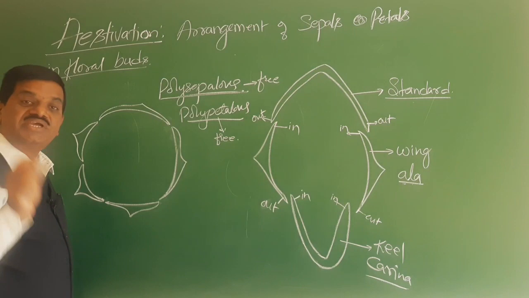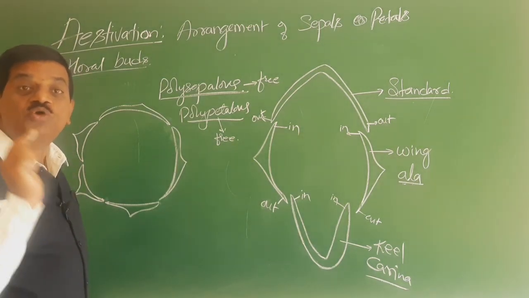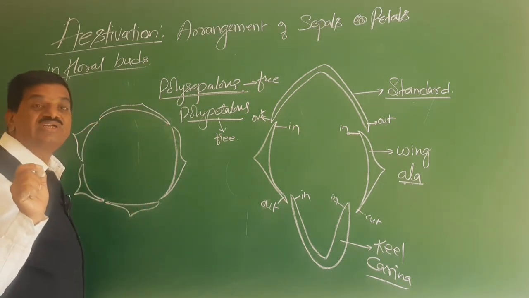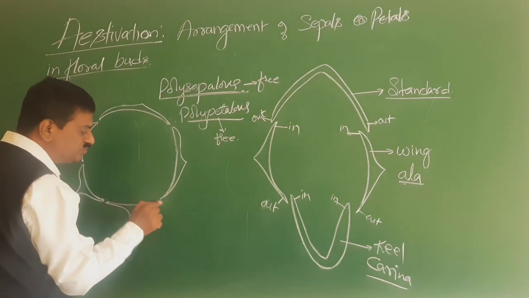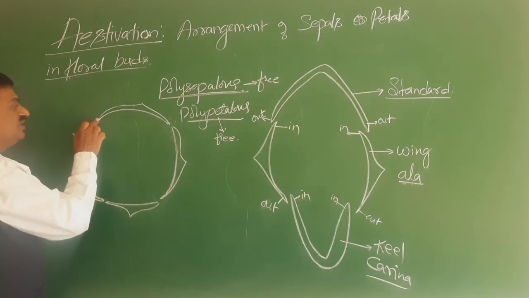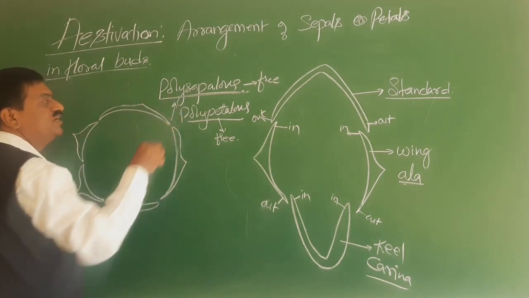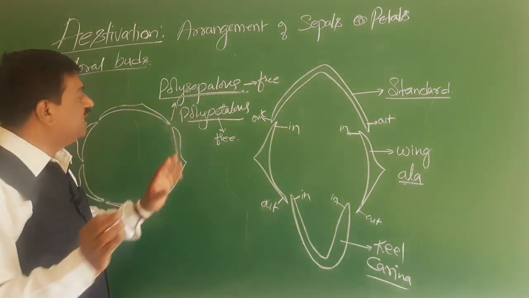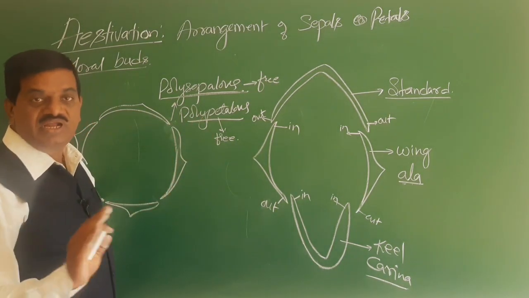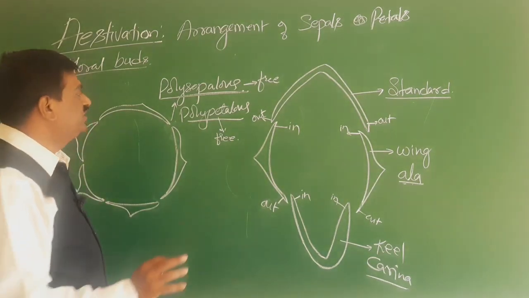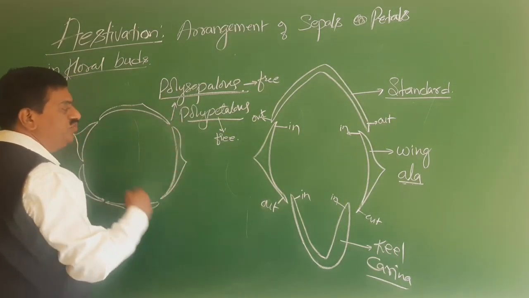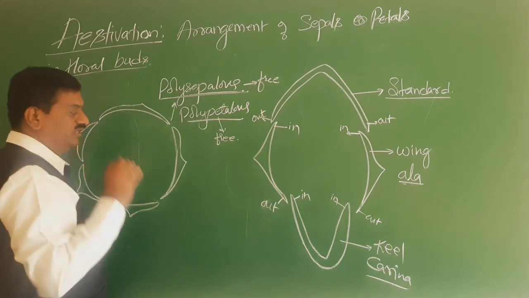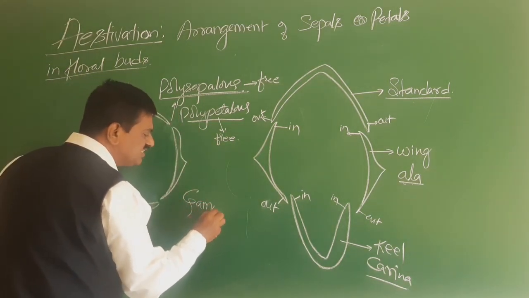One petal and the other petal should not touch; they should have a small gap in between, and this gap indicates polysepalous or polypetalous. They are not attached, not united, they are free. So we give a small gap in the floral diagram representing polysepalous or polypetalous.